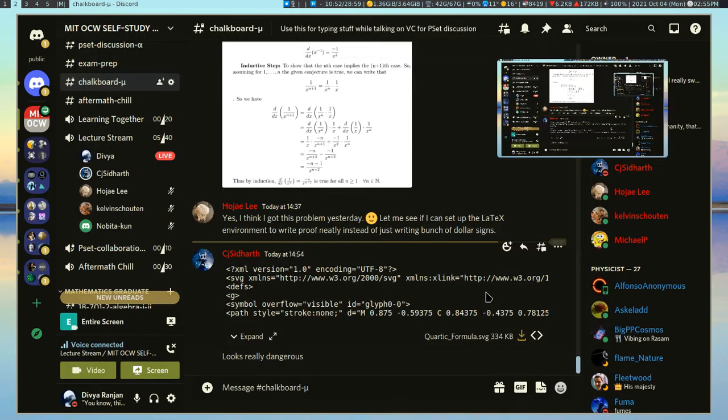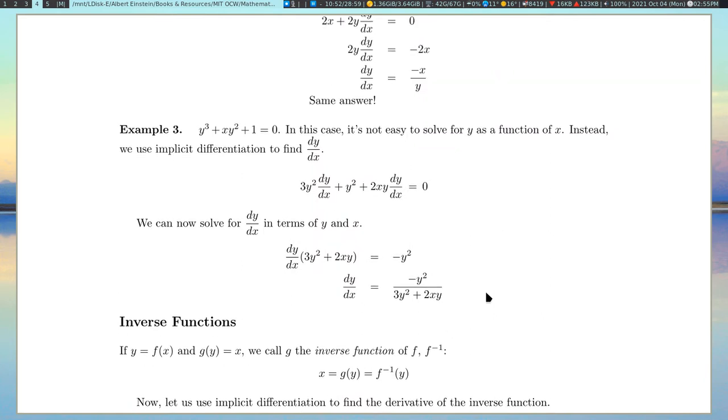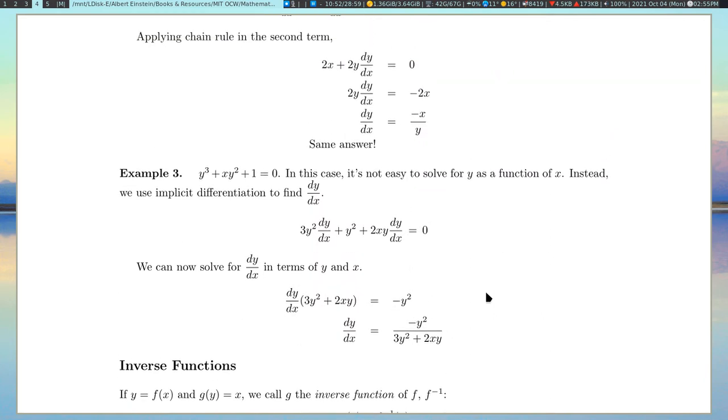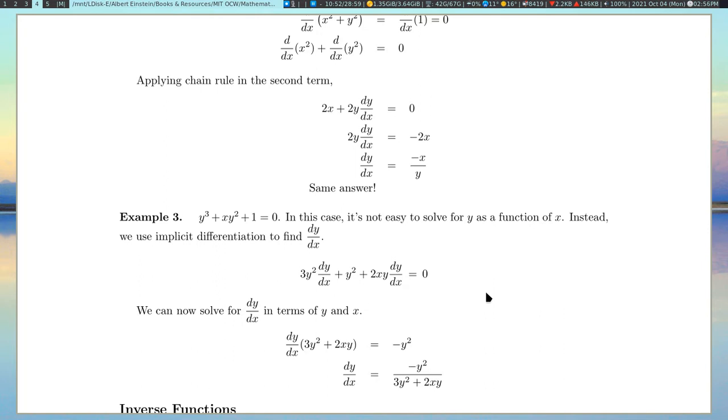So I just checked out the quartic formula. Which formula? The quartic formula? You were talking about the x to the 4, the degree 4 equation? Yes. In the lecture the quartic formula was not there, but he referenced it as some really dangerous formula. It is. And when I looked it up, it was some really long equation.